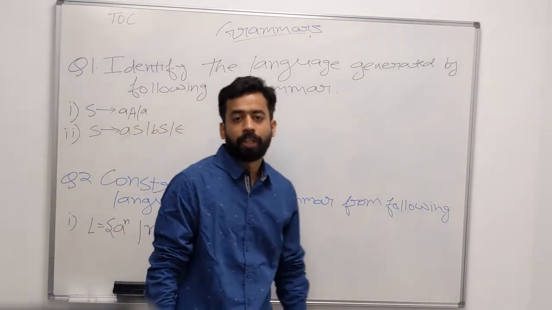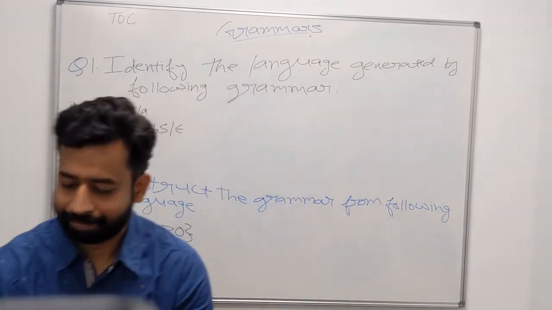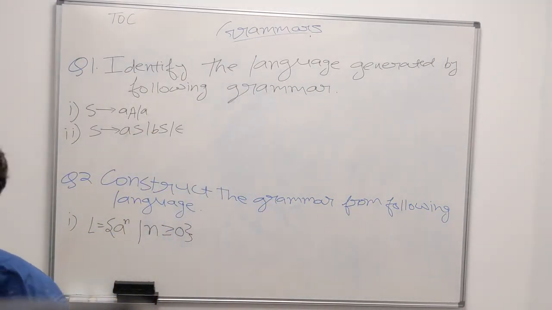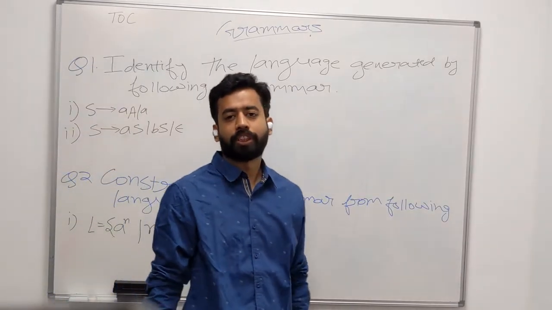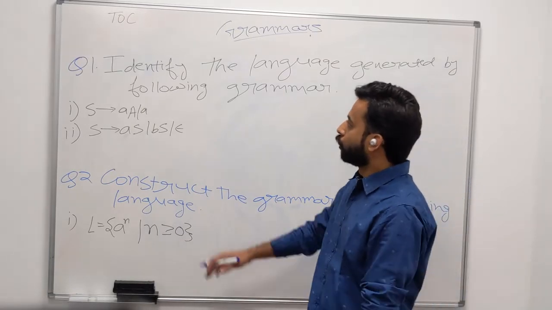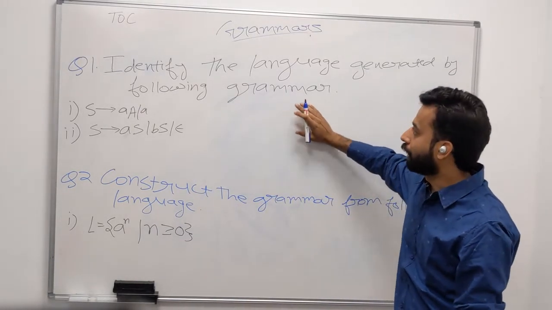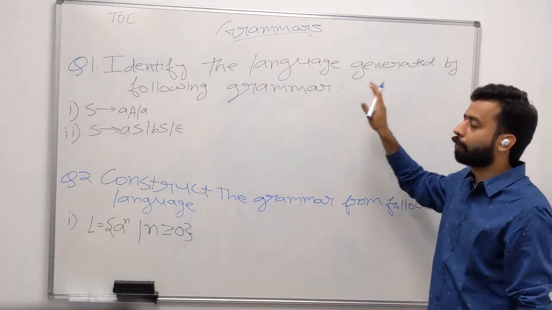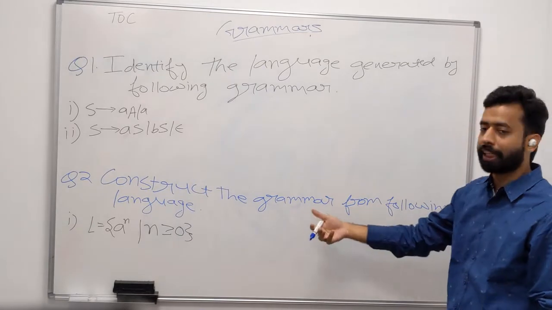Okay students, so let's solve some questions so you will get a better idea of how we are going to use grammars. There are two types of questions we commonly get from grammars: identify the language generated by the following grammars, and construct the grammar from the following language.